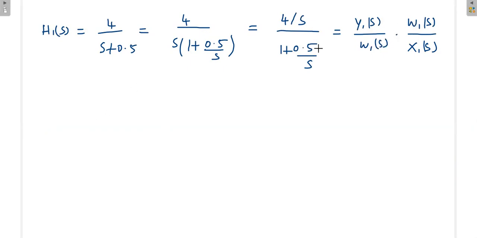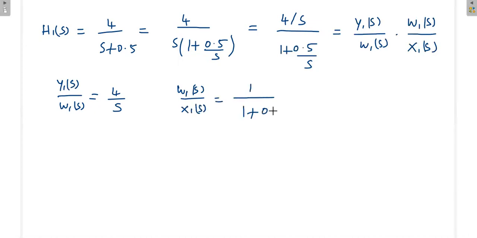Now from this, Y1(s) divided by W1(s) is 4 by s, and W1(s) divided by X1(s) is equal to 1 divided by 1 plus 0.5 divided by s. From this, what we need: Y1(s), where W1 is the intermediate variable, is 4 by s times W1(s).